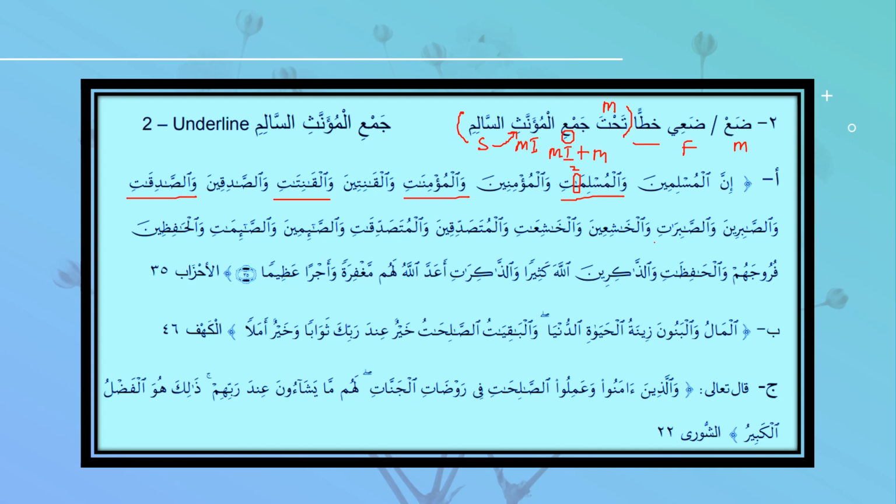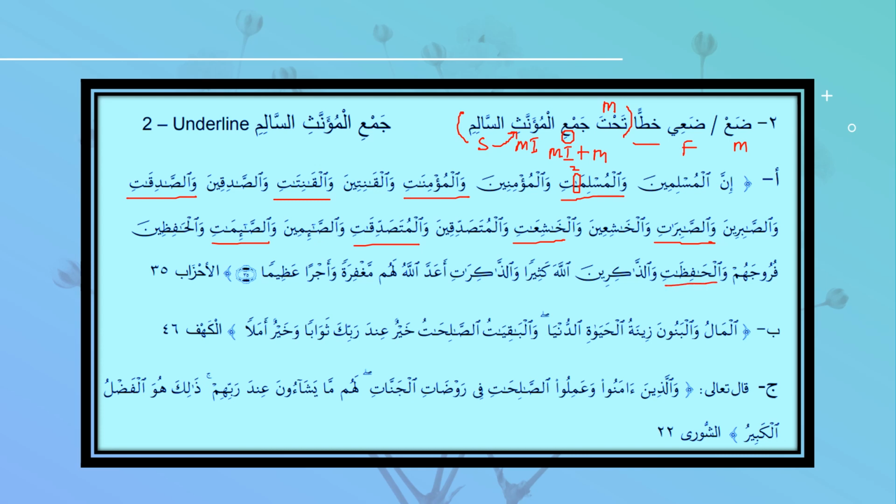Sabirin, Sabirat, Muannas. Khashi'in, Khashi'at, Muannas. Mutasaddiqin, mutasaddiqat, muannas. Saimin means the one who fasts. Saimat, muannas. Hafidhin, the protectors of their private parts, and hafidhat, this is muannas.